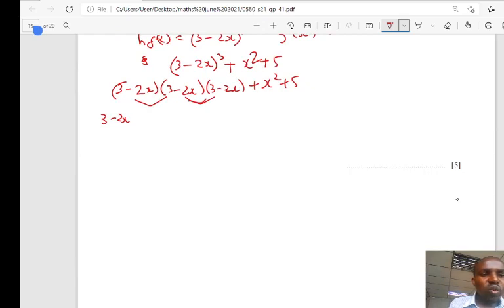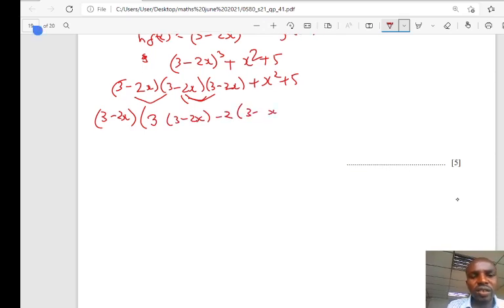So you can say 3 minus 2x, then the values in this bracket will multiply the second bracket. We have 3 and minus 2x. 3 will multiply the second bracket, which is 3 minus 2x. Minus 2x multiplies the same second bracket, 3 minus 2x. Then plus x squared plus 5, and maintain the remaining 3 minus 2x.